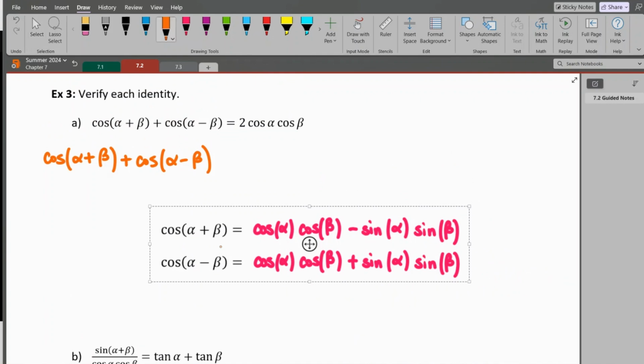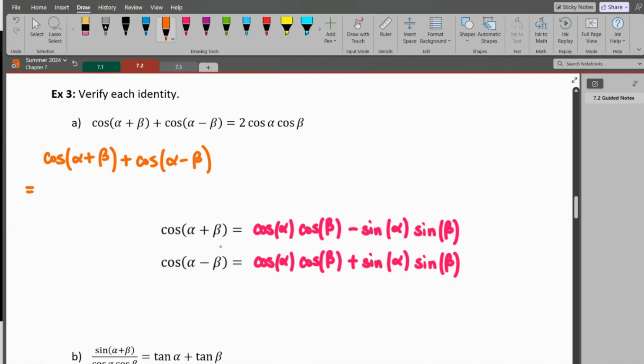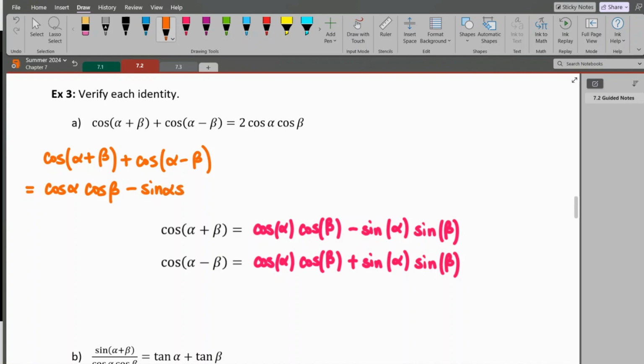So if I start writing out cosine of alpha plus beta, this should be cosine of alpha, and I'm going to leave out the parentheses just to make this a little bit quicker to write. Cosine alpha, cosine beta, minus sine alpha, sine beta. And then you can see the only difference between cosine of alpha plus beta and cosine of alpha minus beta is the sign here in the middle.